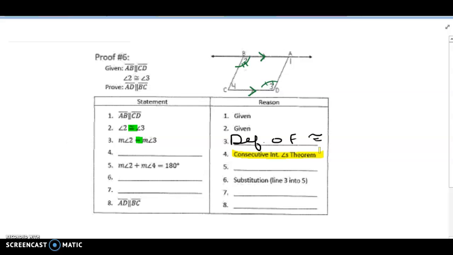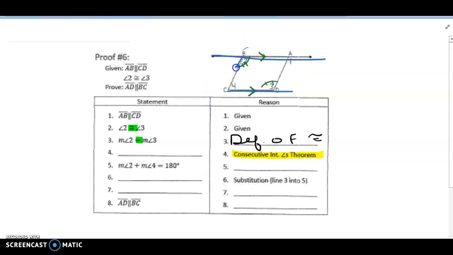The consecutive interior angles theorem tells us that if we know two lines are parallel, then consecutive interior angles are supplementary. So if I look here, here's the parallel line, and here's the parallel line.